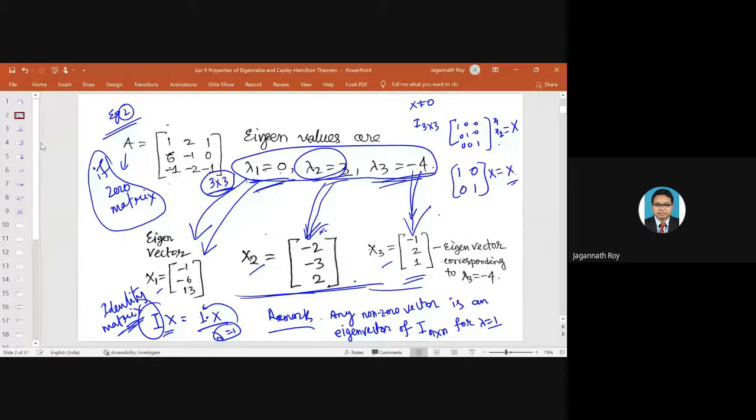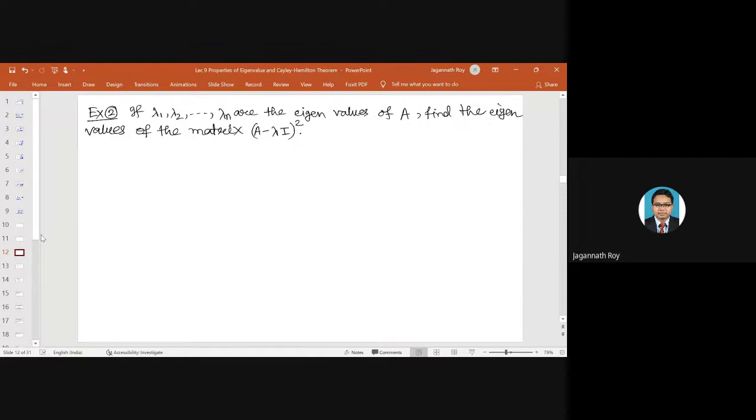Here it is: 1, 2, minus 1, minus 6, minus 1, 0, minus 1, minus 2, minus 1. So this is a given matrix A.